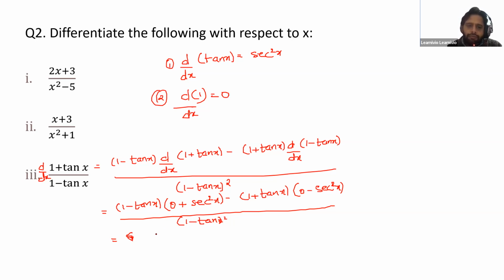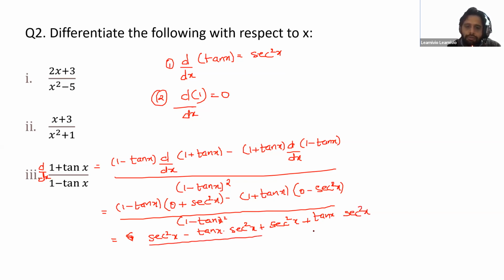So this will give you sec square x. Okay, then minus tan x into sec square x. Minus becomes plus, so this minus this will become plus. So we will get a sec square x. And similarly, we will get a tan x into sec square x.